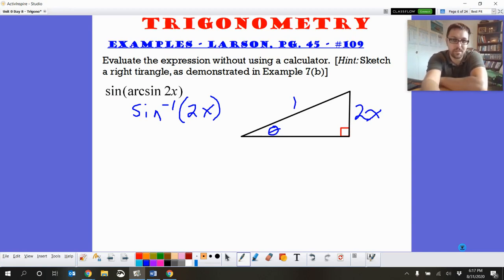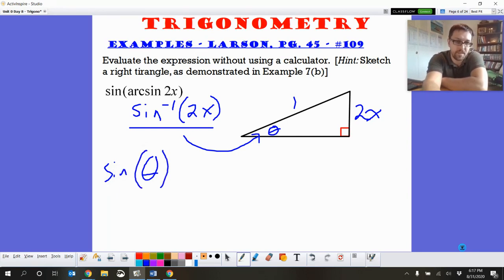So really, this inverse sine of 2x, or arc sine of 2x, is just whatever this angle happens to be. I don't really know what that angle is. Frankly, I don't care. Because then it's just asking me, what's the sine of that angle? Well, I just put it there. Sine is opposite over hypotenuse, so this is just 2x.